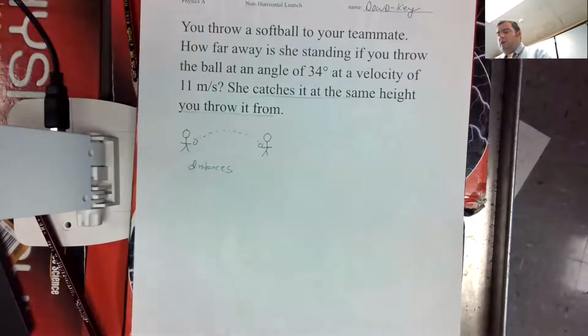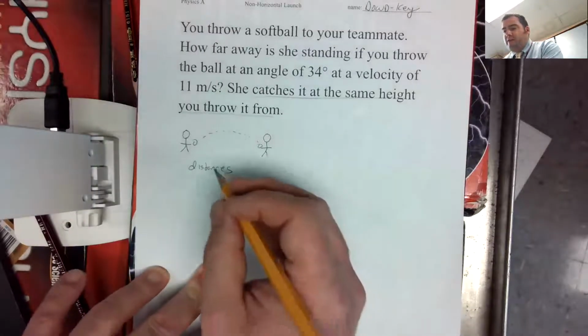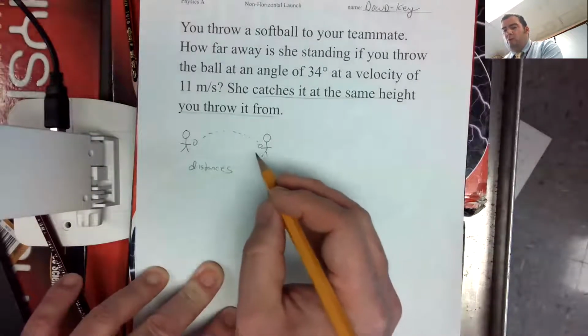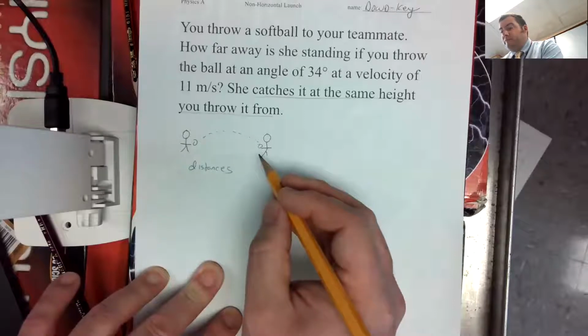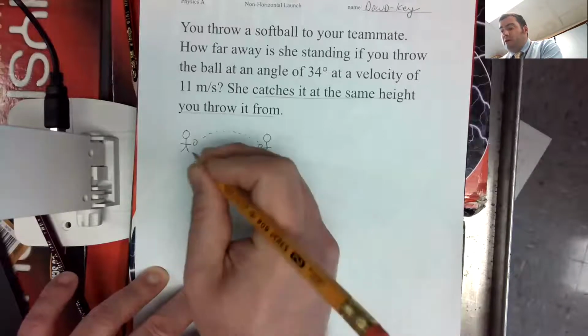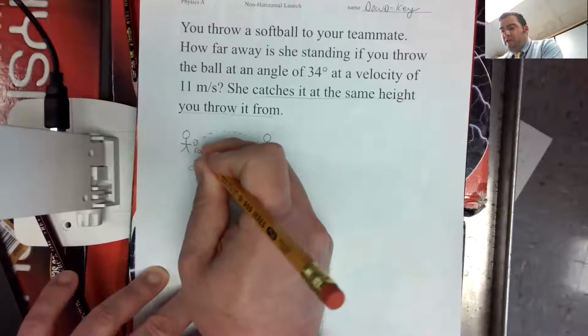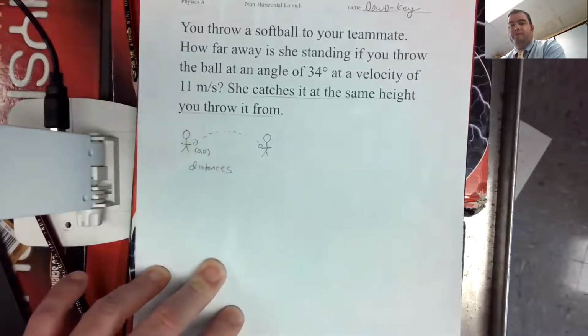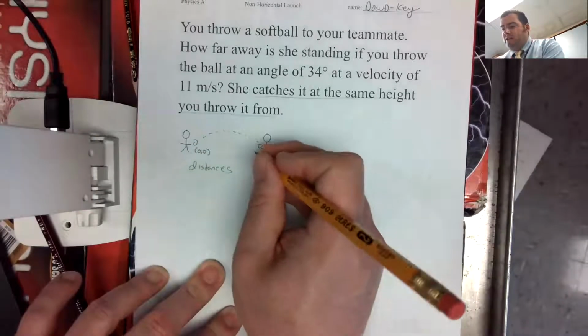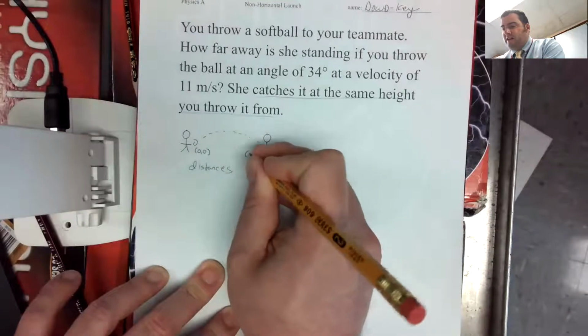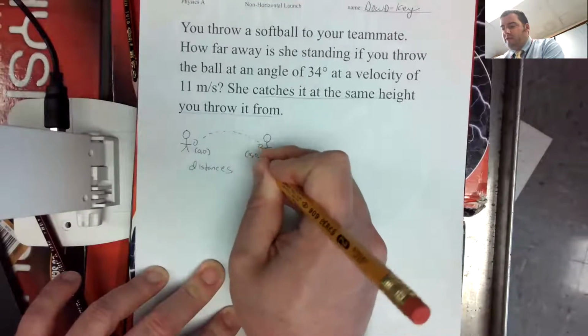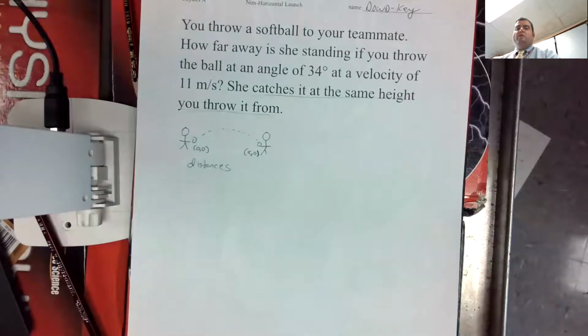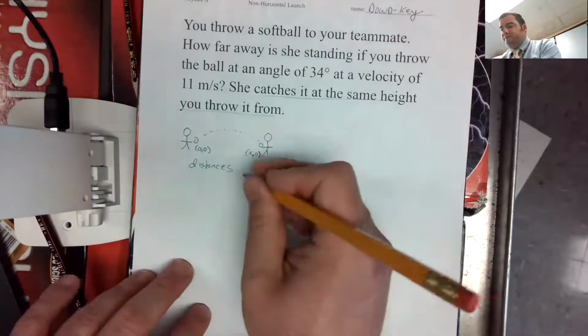So that means we can set any origin we want, but y and y0 are going to be the same height. So I think the easiest origin to pick is to call the launch point 0, 0. In that case, whatever final distance she's standing at is x, 0. So we'll use this picture to figure out distances in meters as we fill out our table.